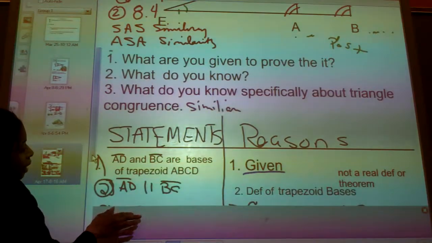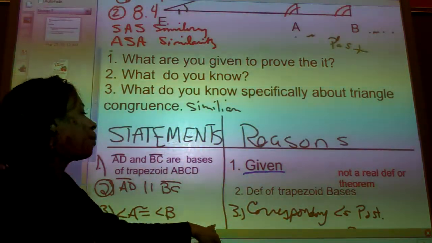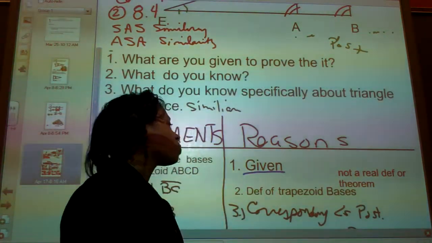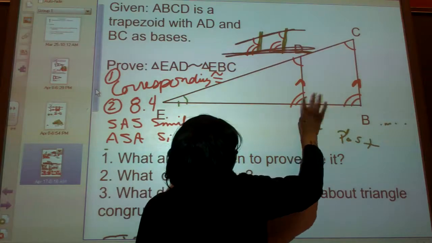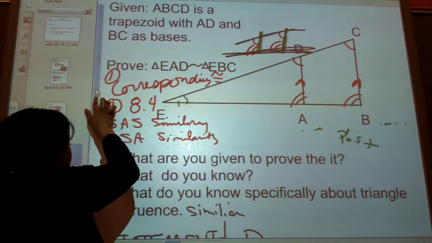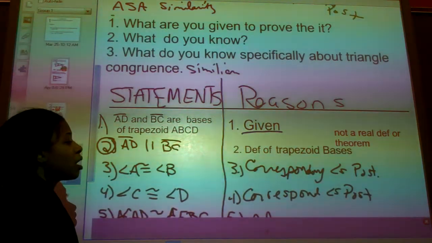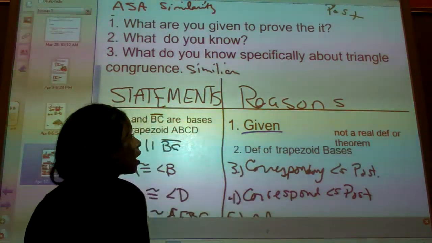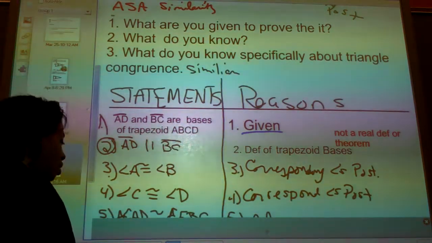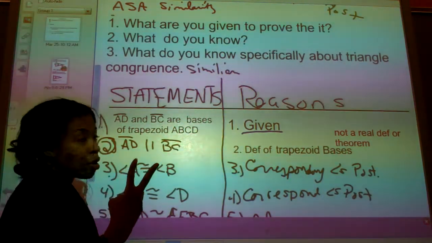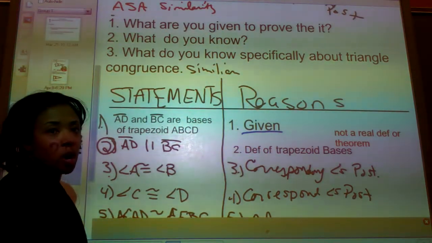Next item that I wrote in. I wrote angle A was congruent to angle B because of the corresponding angles postulate. Okay, angles B and A are congruent, corresponding angles. And then I also wrote, of course, angles C and D are congruent by corresponding angles postulate. And what do I know? I immediately thought of, if I know two angles on a triangle are congruent, what does that mean? That means that they're automatically going to be what?